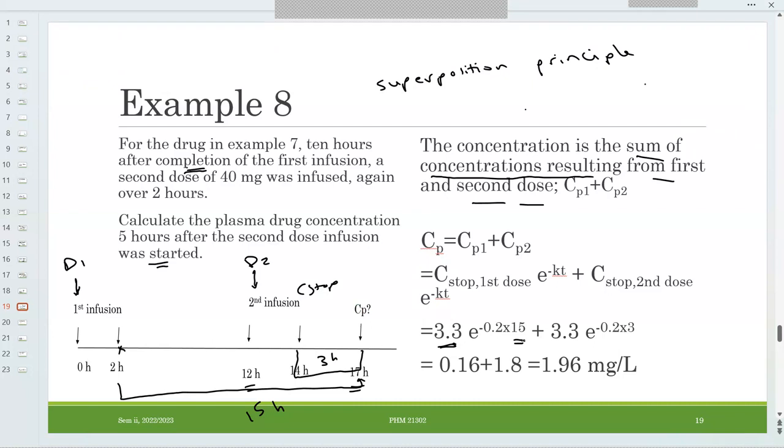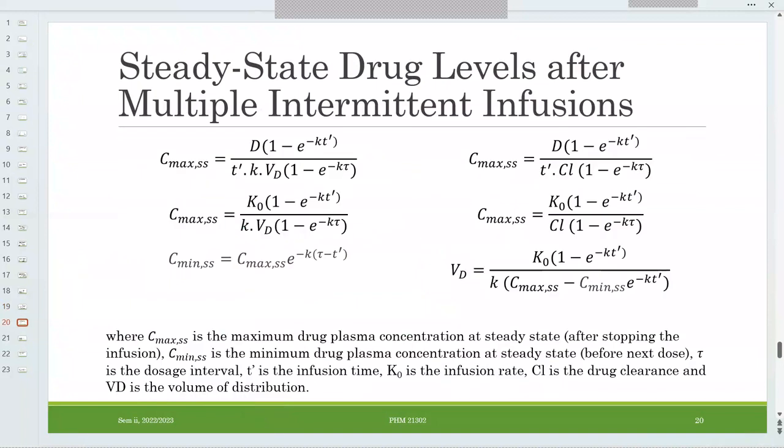So here the time since C stop is 15, and here the time since C stop is 3. The remaining concentration from infusion 1 will be 0.16, and the remaining concentration from infusion 2 will be 1.8. So inside the body will be the total of both of them, equal to 1.96 milligram per liter. So we're applying the superposition principle.